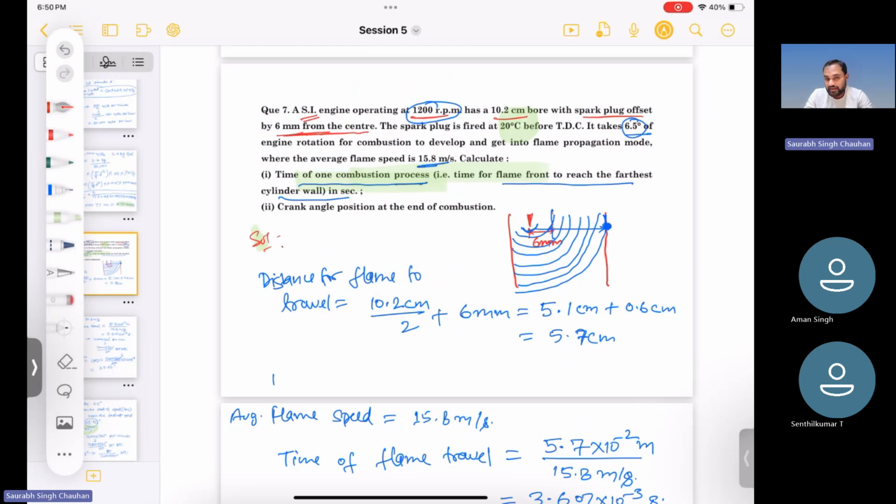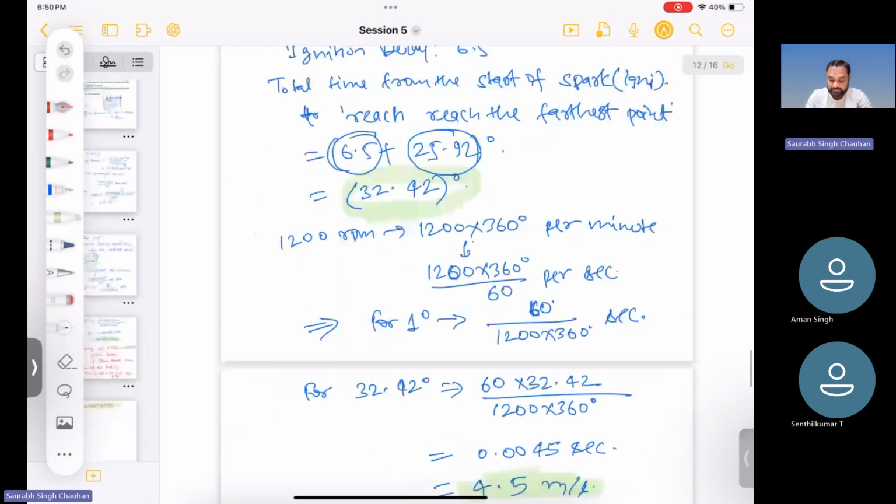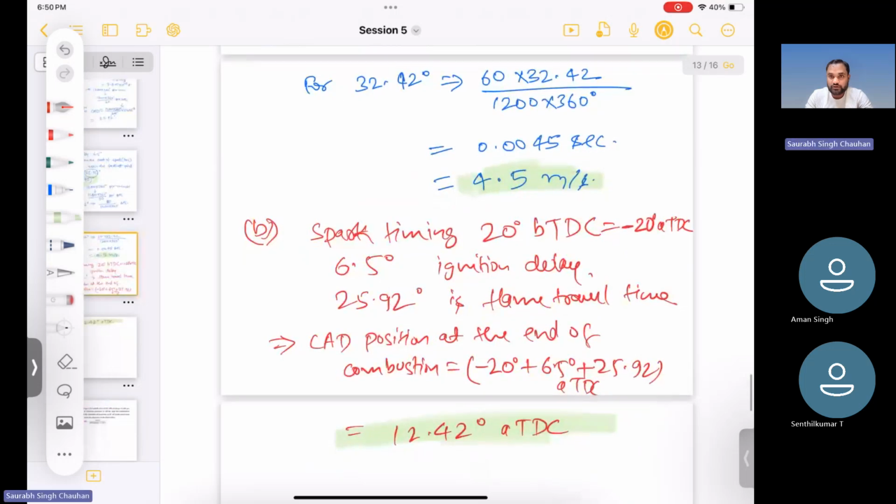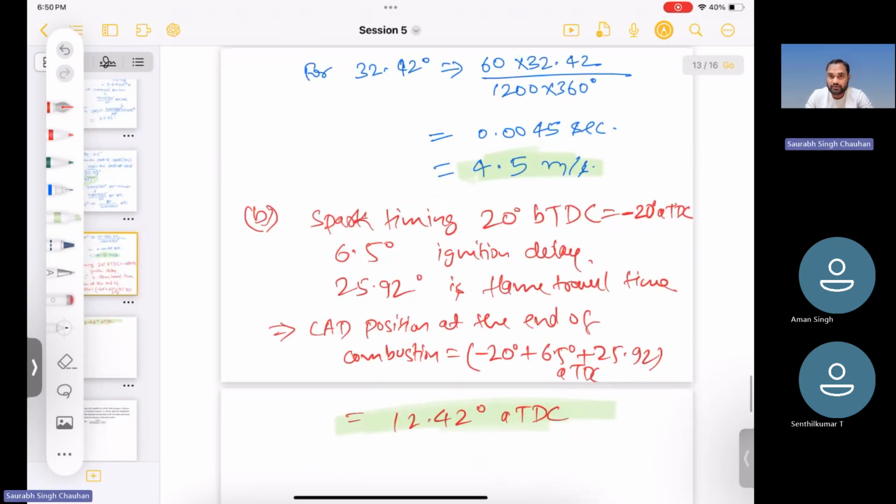So if you want to compare these things at two different speeds, it will be difficult. But if you convert all the parameters into crank angle, it will be easy for comparison purposes. I hope this is clear, and we can move to the next question.